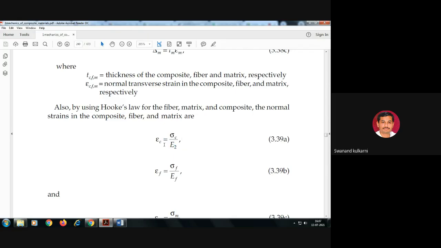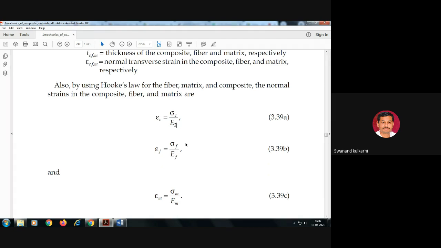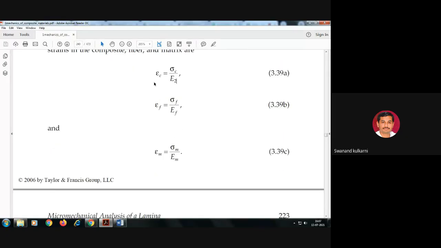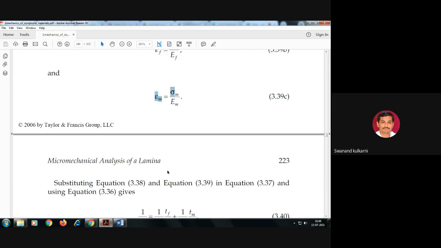So strain on composite material is nothing but stress on composite material upon Young's modulus in the lateral direction, because with usual notation Young's modulus is stress upon strain. So E2 is equal to sigma C upon epsilon C, and EF is sigma F upon epsilon F, that is used here. Epsilon C, epsilon F, epsilon M are the strain on composite material, strain inside the fiber, and strain inside the matrix.